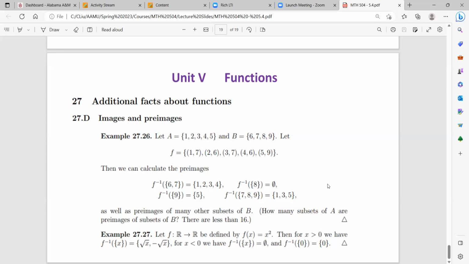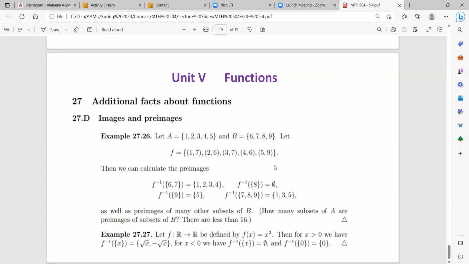All right, and that also includes the empty set, but we know the pre-image of the empty set is also the empty set, right? You don't have anything to map in, or you cannot find anything that maps to the empty set.